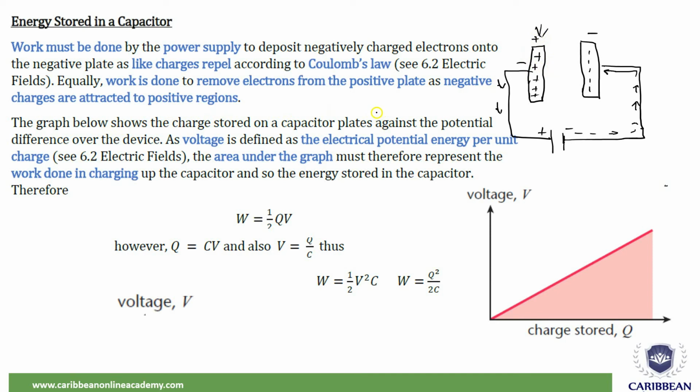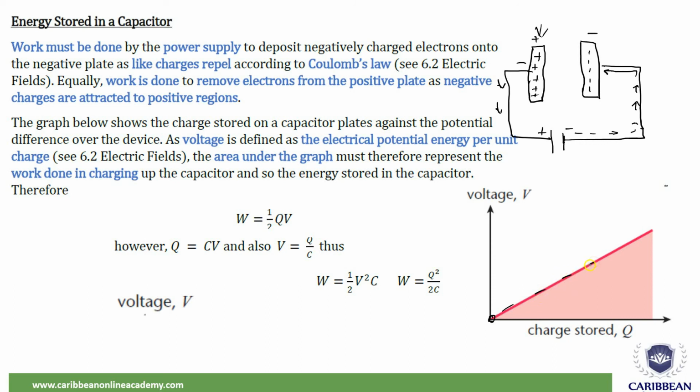Now, in order for us to find the work that is being done to charge a capacitor, we can plot a simple graph. Let's imagine that this is what is happening whenever we're charging a capacitor. At first, the capacitor would not have any charge on it, so it would be at zero. Now, by increasing the voltage, I am increasing the charge that is being stored, because the more work I do, the more charge I am able to store.